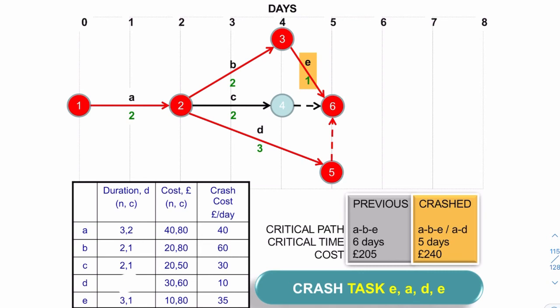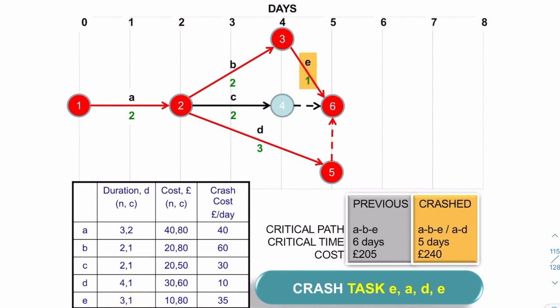We can crash D because D can happen in 1 day. So in theory, this can go back all the way to here because D can be crashed to 1 day. But B can only go to 1 day, and E has a minimum of 1 day.